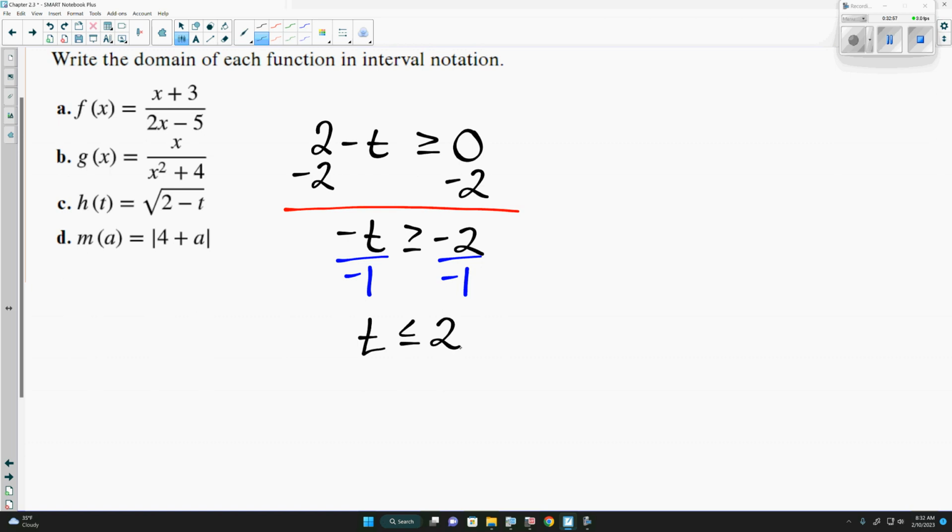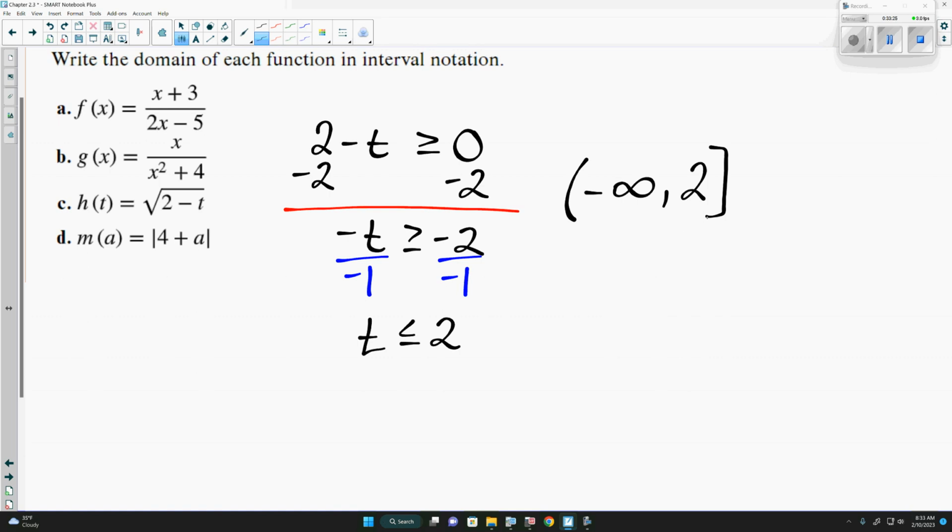So any number less than or equal to 2 will give us a solution, which means the smallest number in the domain that we can have is actually negative infinity. The biggest number we can have is 2, but we do need a bracket because 2 is included. Because 2 minus 2 is 0, we can still take the square root of 0, so that is the domain.